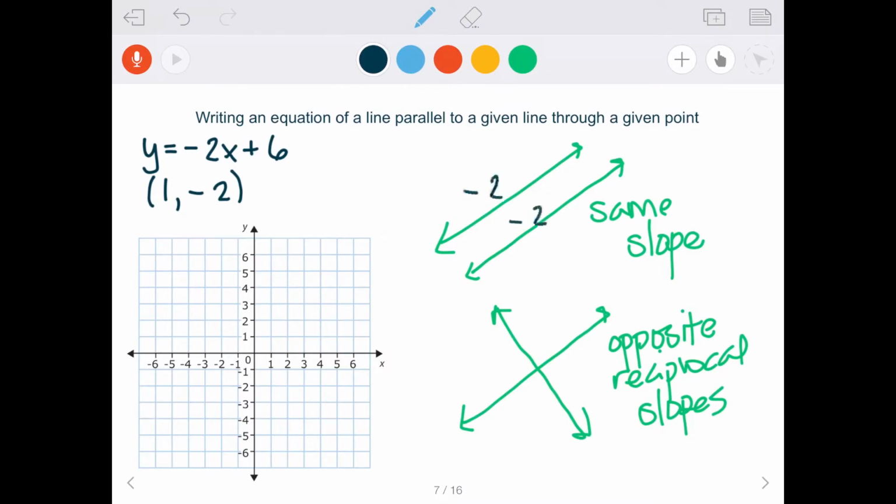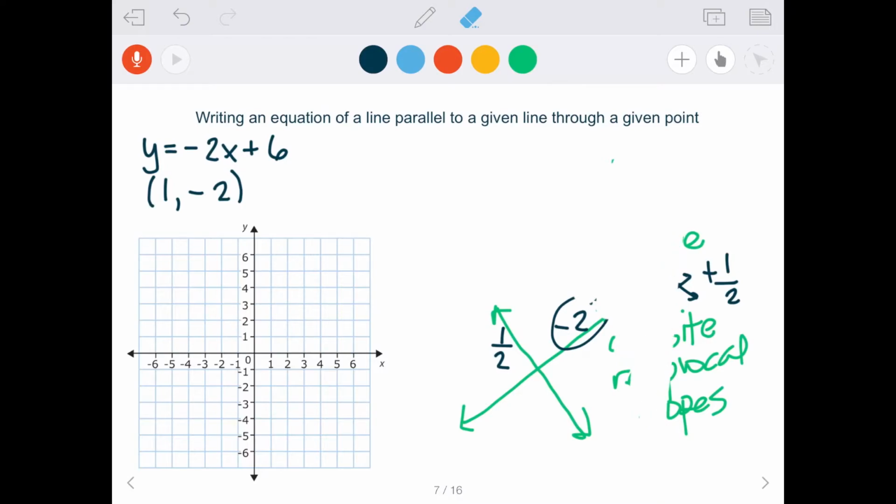For the bottom ones, if the slope of this line was -2, the other one would be positive 1/2. You take -2, which is -2/1, you reciprocal it, and then you change the sign, all right? Opposite reciprocals.